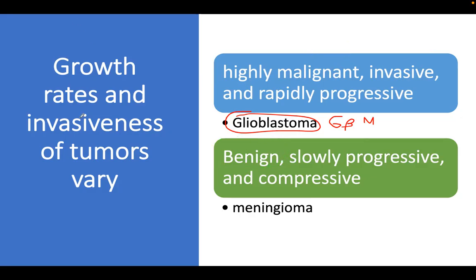So remember this, meningioma is well-behaved. It is benign, okay? Glioblastoma, GBM, is terrible. Very malignant, very invasive, very rapidly progressive. Okay, so please remember that.